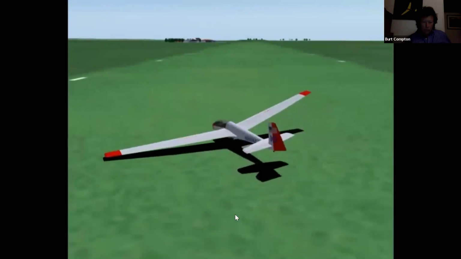Weather vane. A little bit of weather vaning there at the very last.